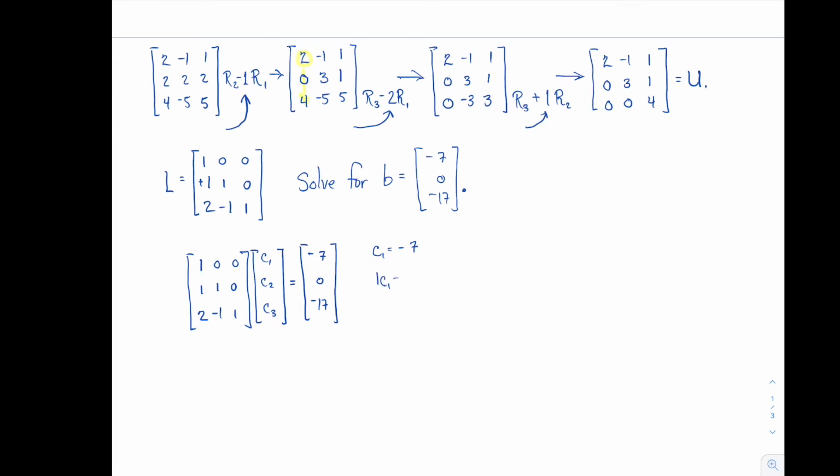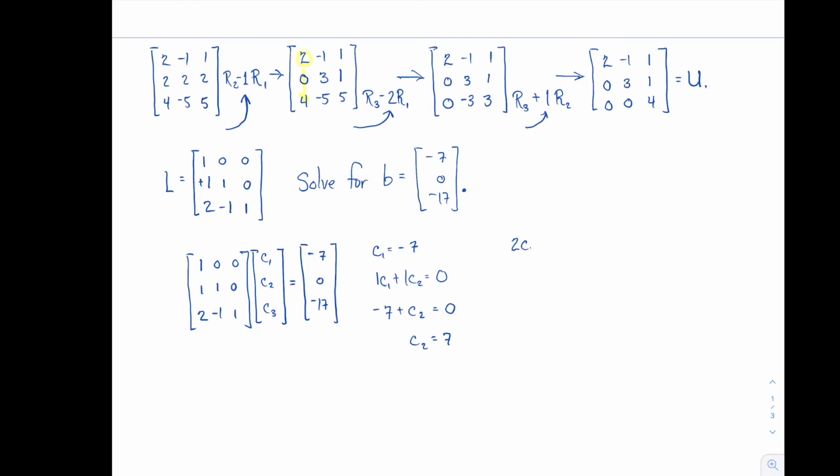Okay, our next equation says that 1C1 plus 1C2 is 0. Well, we know C1, so this is minus 7 plus C2 is 0, so we could say that C2 equals 7.